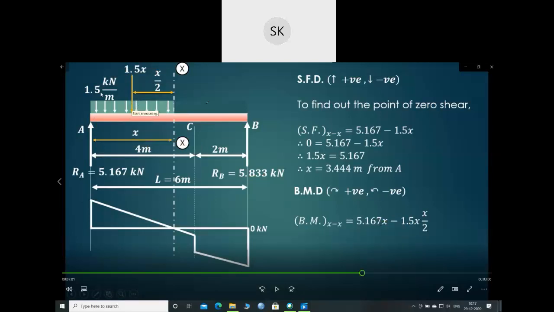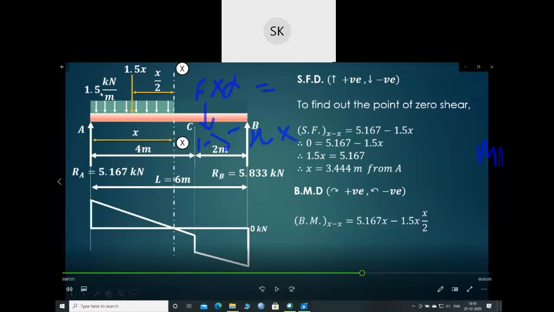For UDL moment, we know force into distance, so I have to first convert this into force. The force will be 1.5 into x, the whole force.